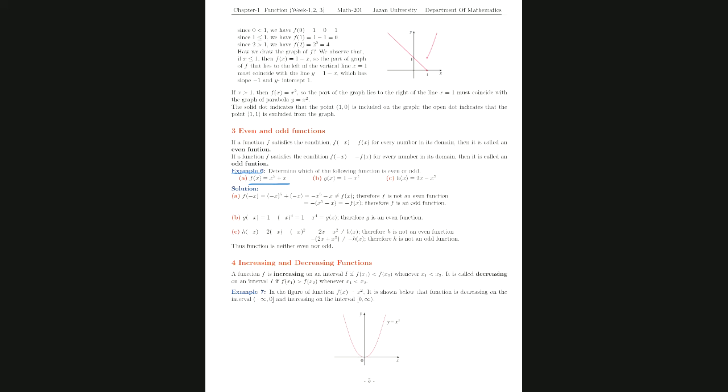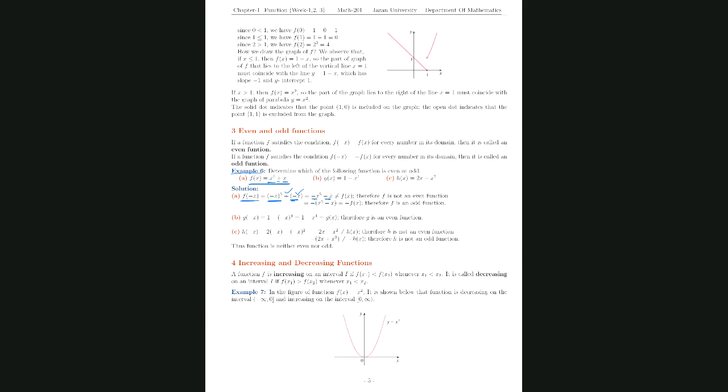So look here, what I did: take f of minus x first. So here x becomes minus x to the power 5, here 5 is odd, so minus x to the power 5, and plus x, here x is replaced by minus x. So minus x to the power 5 and minus x.